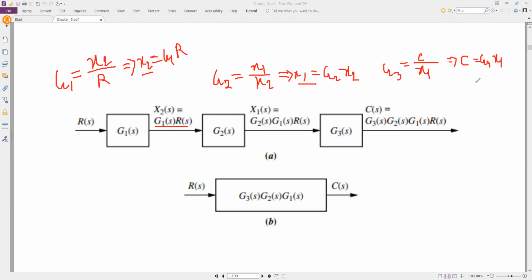So what would be the final value? G3 is there.